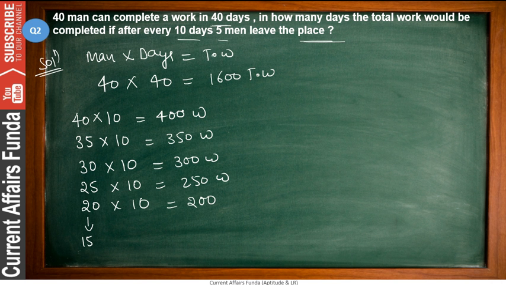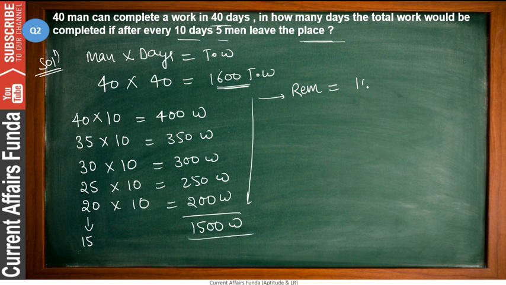First of all, calculate the amount of work, it should not exceed the total work. The total work I have already calculated, it is 1500 work. Okay, so we can also calculate the remaining work here. So the remaining work will be 100 work. 1600 minus 1500, it will be 100 work.